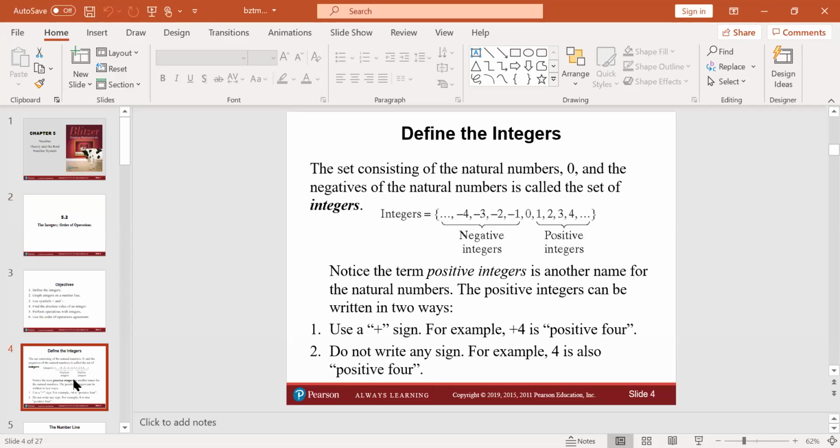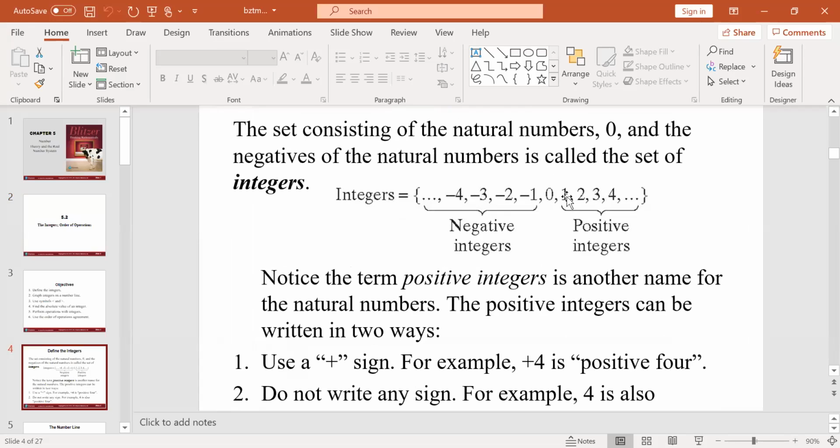You'll notice all the natural numbers are among them: 1, 2, 3, 4, 5, 6, 7, 8, 9, 10, 11, 12, dot dot dot, keeps going. But we also toss in 0. 0 is an integer. And then we add all the negative versions of the whole numbers: -1, -2, -3, -4, -5, -6, -7, and so on.